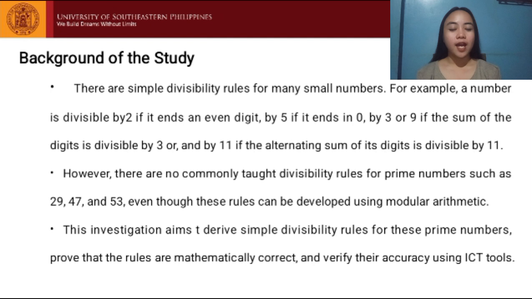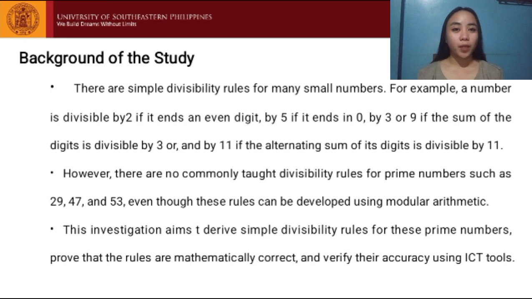For example, a number is divisible by 2 if it ends in an even digit, by 5 if it ends in 0, by 3 or 9 if the sum of its digits can be divided by 3 or 9, and by 11 if you get a certain pattern when you add and subtract its digits one by one.